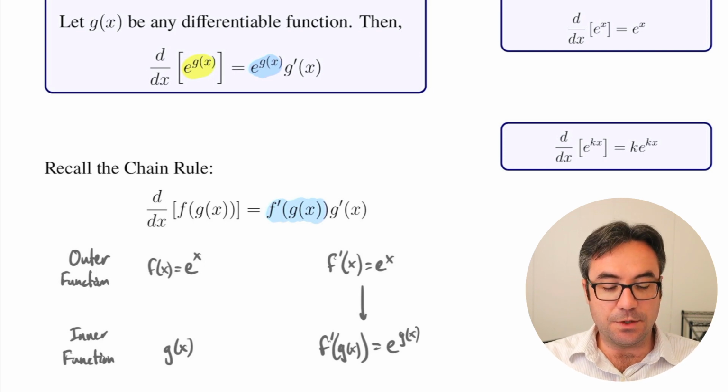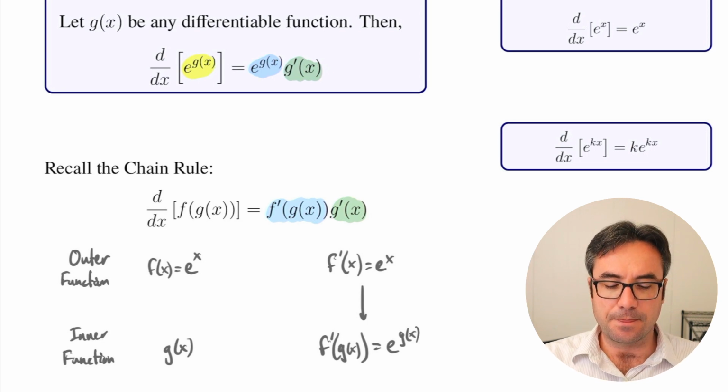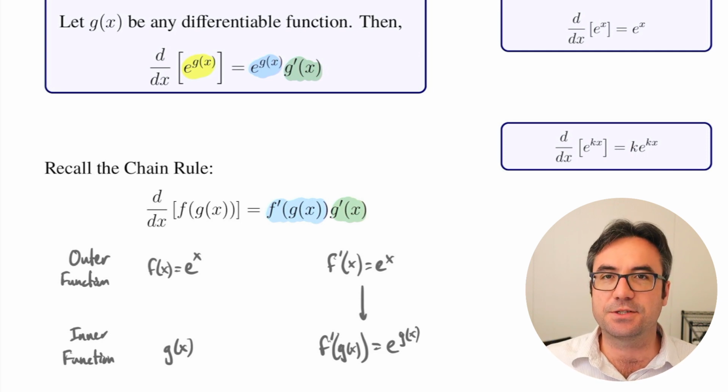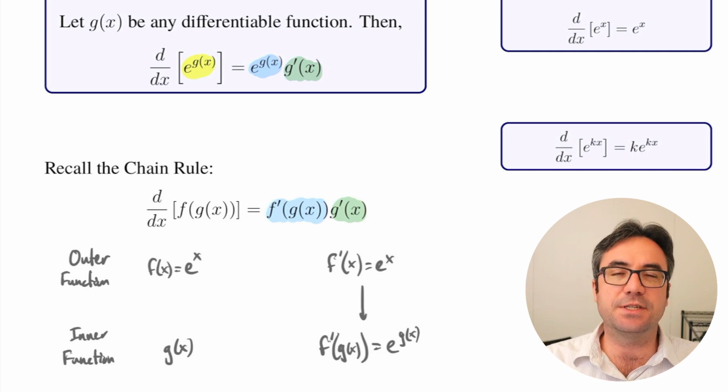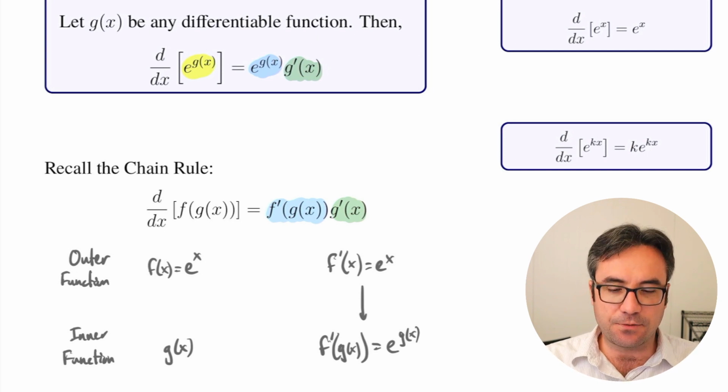And then we multiply by the derivative of the inner function. That's normally how we've been doing the chain rule, and we've seen this with power functions before. We're not going to try to break this chain rule down every single time we want to differentiate one of these exponential functions.